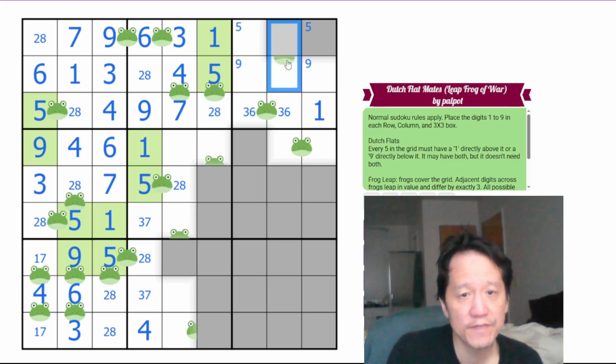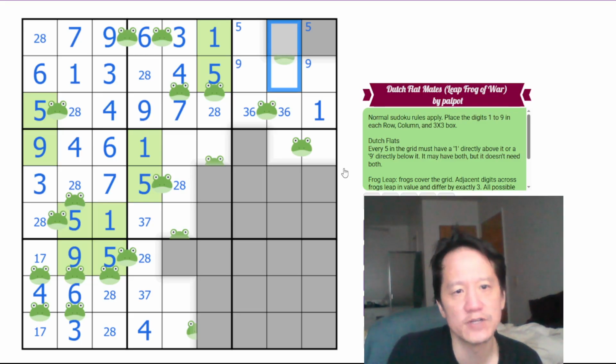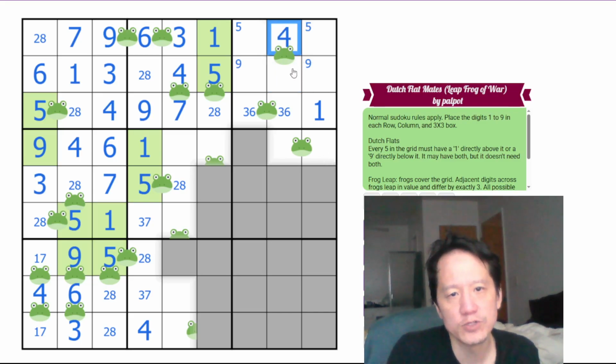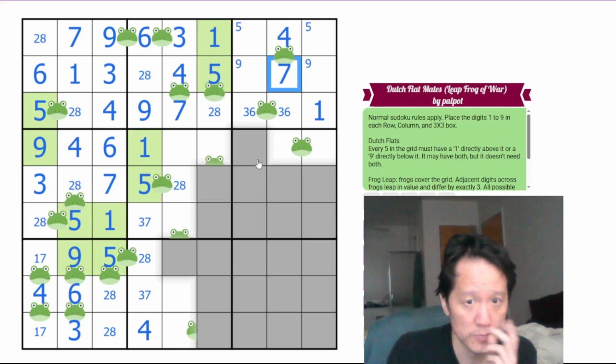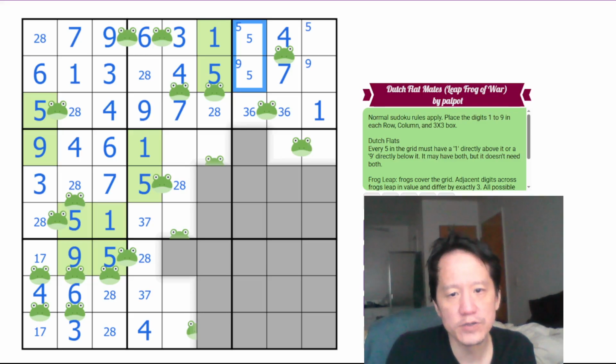It cannot have a 5 in it, so therefore it must be 4 and 7 exactly. So this must be 4, which makes this a 7. 5 and 9 has to have a 9 directly below it, and we have to have a 2 or an 8. So this is 2, 5, or 8. This is 2, 5, or 8, and this is 2, 8, or 9, and this is 2, 8, or 9 here.